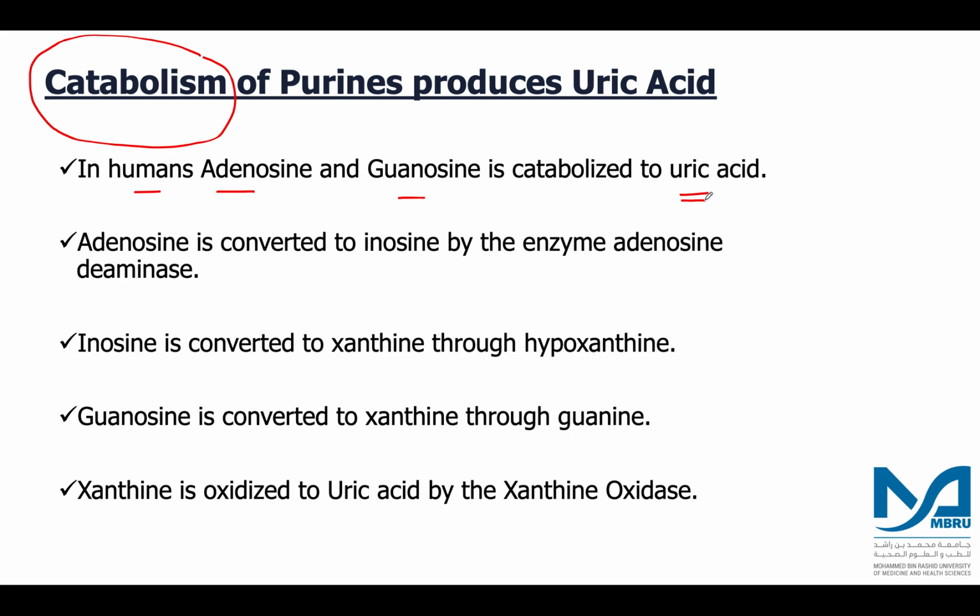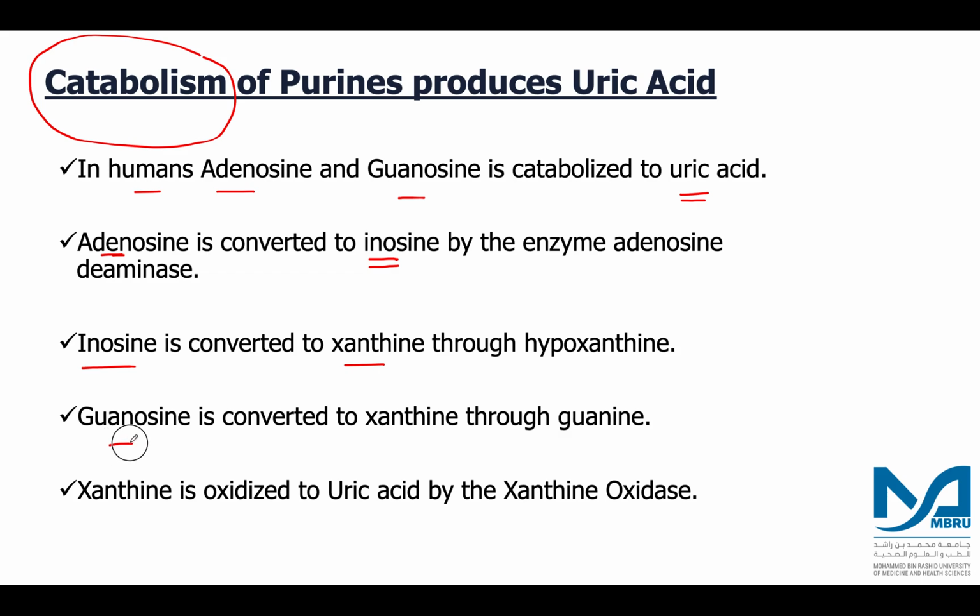And if I want to understand the process of catabolism very simply, what is happening is adenosine is first converted to inosine by the enzyme adenosine deaminase, and inosine is converted to hypoxanthine and then to xanthine.